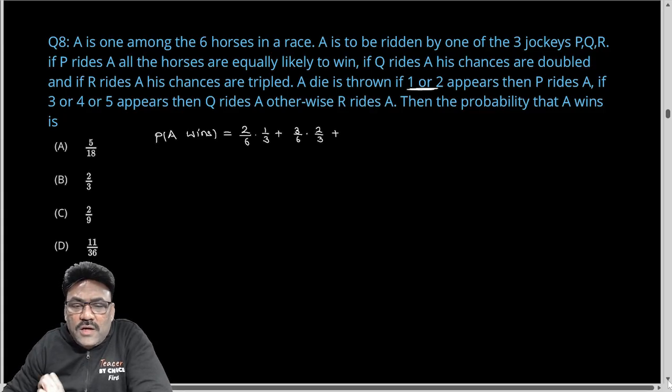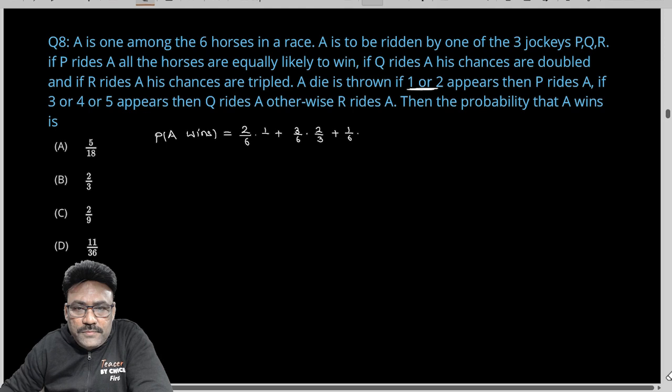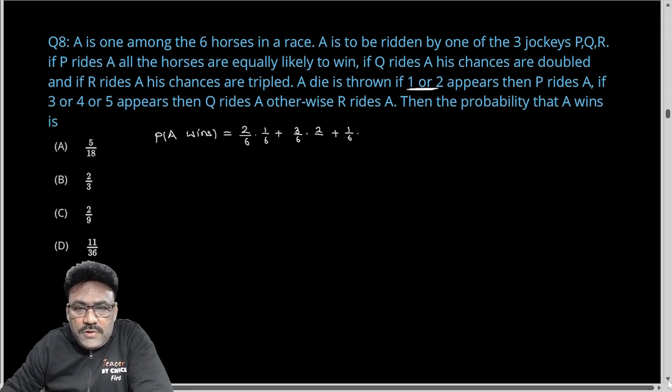And finally, R rides A if we get 6 on the die. So 1 by 6. And in this case, the probability of A winning the race is tripled. Tripled means here it is 1 by 3. Equally likely, how many horses are there? 6 horses are there. Sorry, I thought 3 horses were there. 6 horses are there. So 1 by 6 here, 2 by 6, and here 3 by 6.